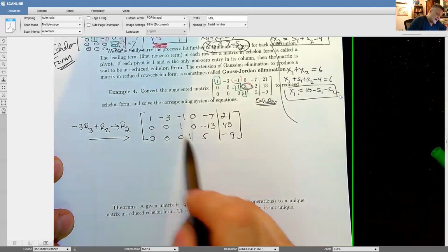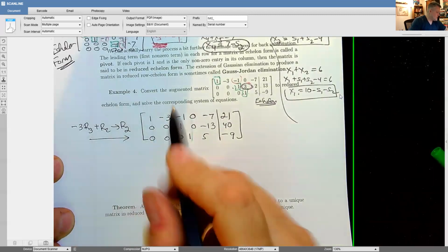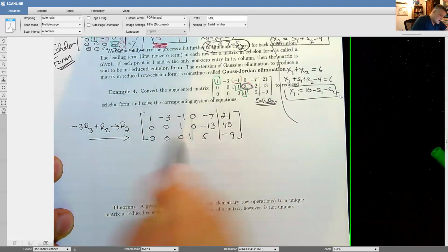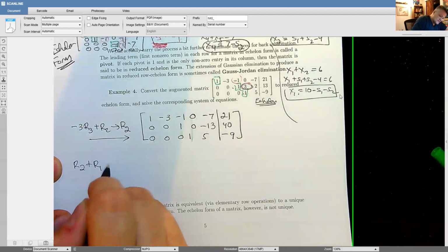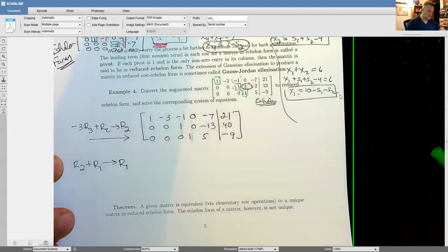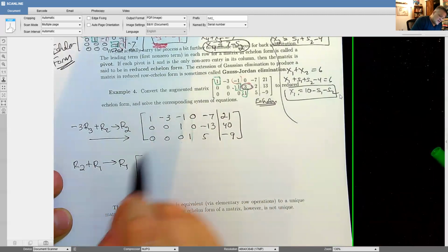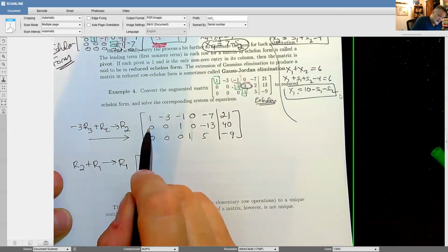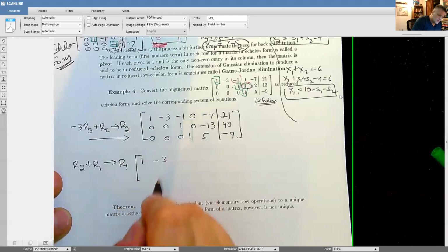Well, if I add R2 and R1 and replace R1 by it, right? So let's add R2 plus R1 and replace R1 by that. All right. So now what does that do? If I add R2 to R1, I'm not changing the number of initial zeros, right? That still becomes 1 and -3.